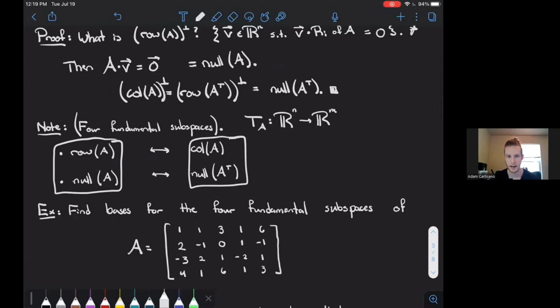Notice that the row space of A is some subspace inside of Rn, whereas the null space is the orthogonal space to the row space, but it's also the subspace of Rn that gets sent to zero under the linear transformation. So it's the part that gets collapsed, which means that the row space, what does that correspond to as a subspace? We haven't really answered that question, but it's the subspace of Rn that does not get collapsed under the linear transformation TA.